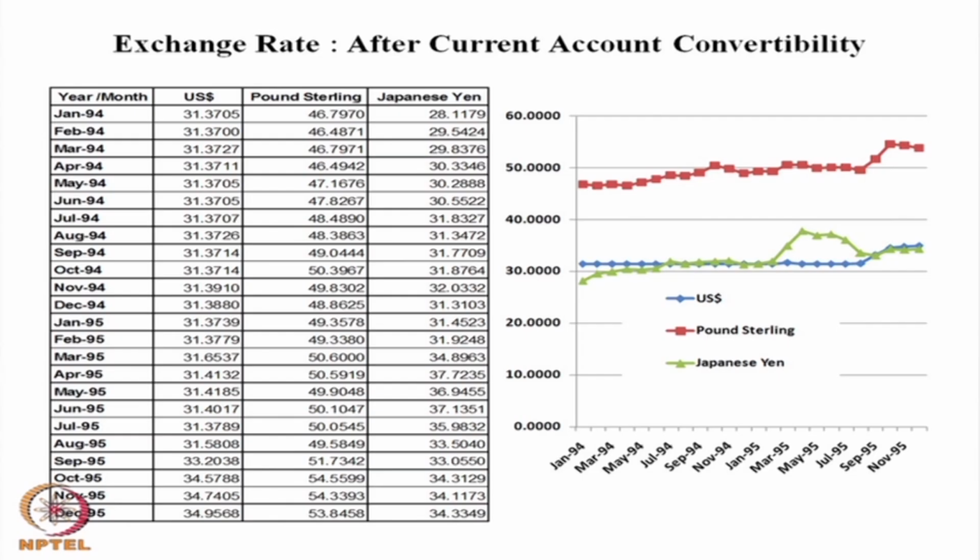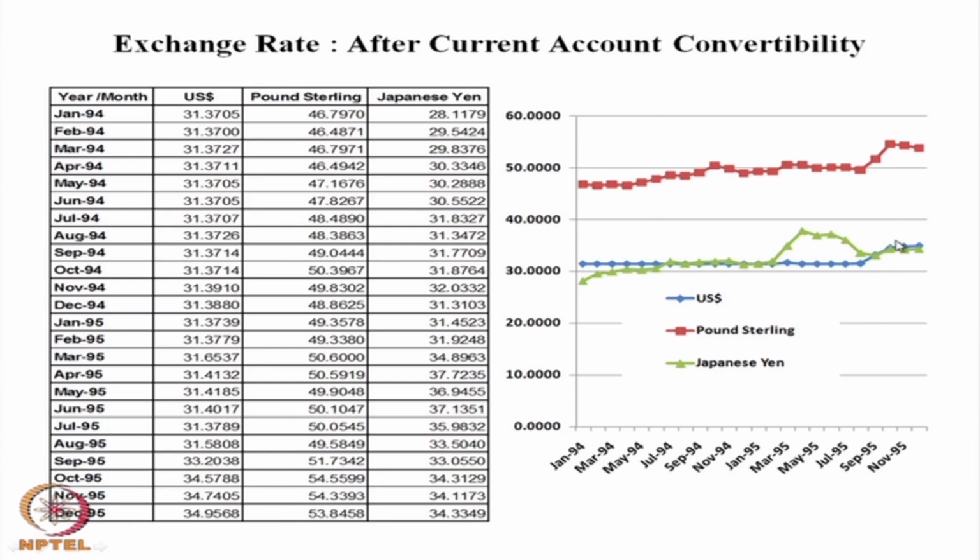We can see after the liberalization of the foreign exchange market how the US dollar, pound sterling and Japanese yen have moved over the years. The blue line is the US dollar, and there has been a significant depreciation of the Indian rupee. Similarly, pound sterling is appreciating against the INR, and the Japanese yen is also appreciating.